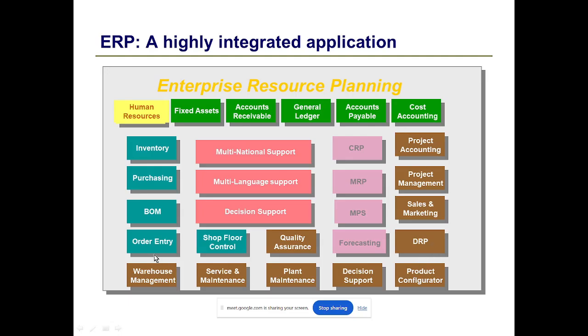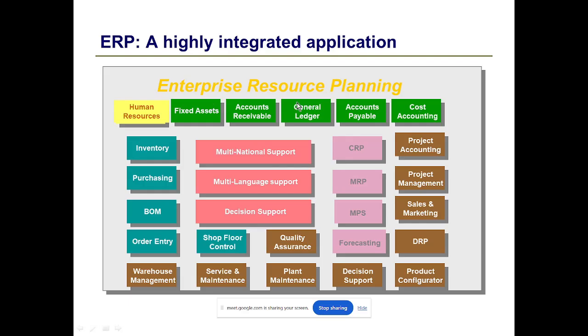Logistics and finance are different. The first green color comes with FI: fixed assets, asset management, accounts receivable, AR, GL, general ledger, special purpose general ledger, accounts payable, AP, and cost accounting, controlling concepts.